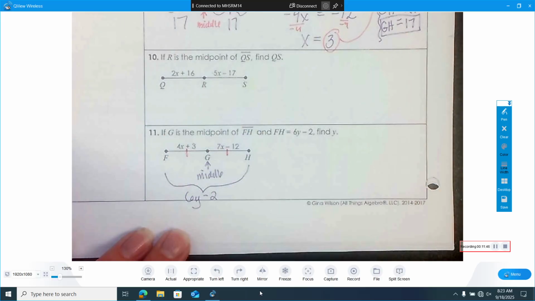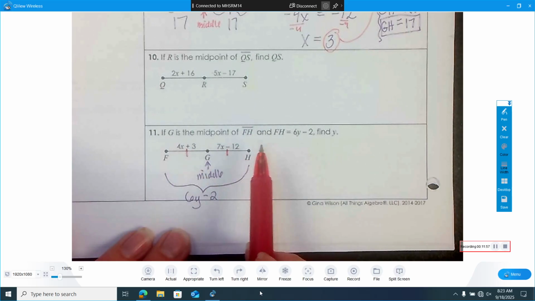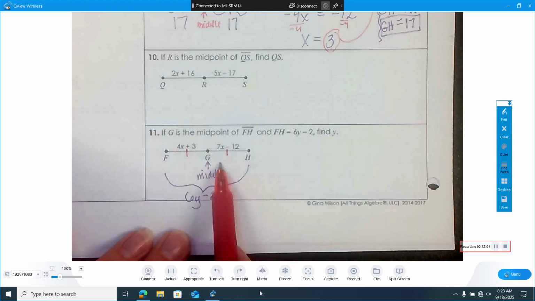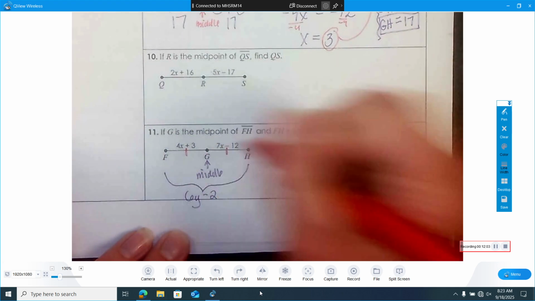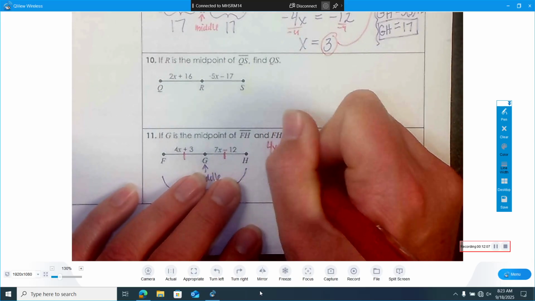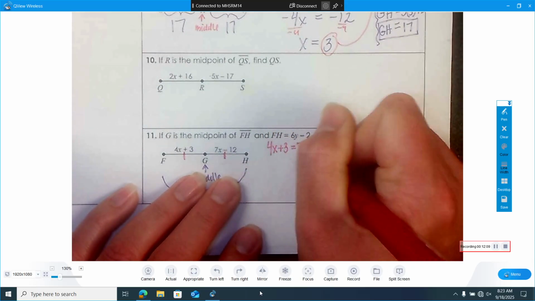Very good. So with that information, what's that going to allow us to do? Okay, so we are going to figure out our value for x here. We can set up an equation. What equation can I write? 4x plus 3 equals 7x minus 12.